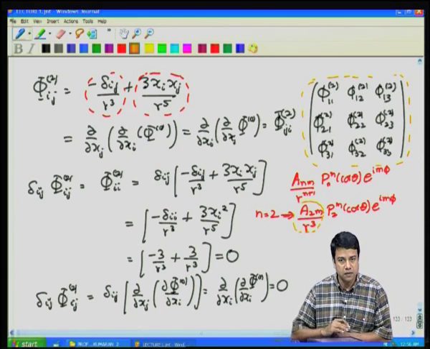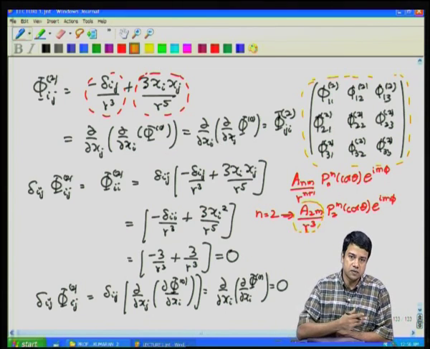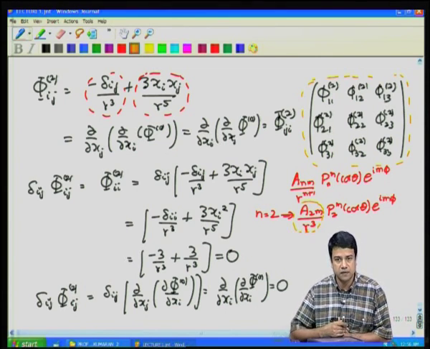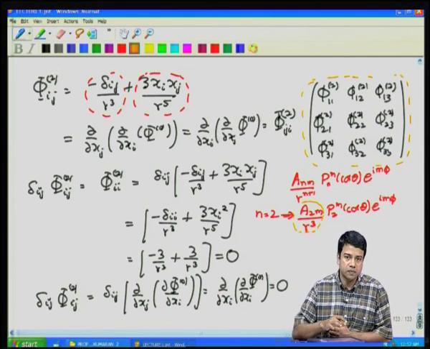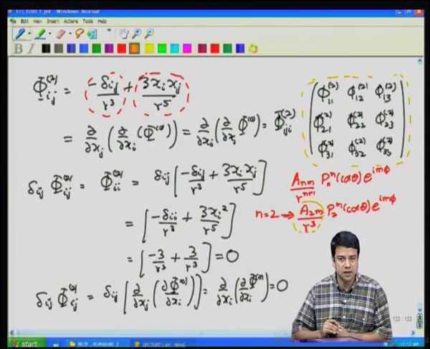For n is equal to 0, it is spherically symmetric or source. N is equal to 1, 3 components corresponds to the vector solution that I got by the gradient of the fundamental solution. N is equal to 2, the tensor solution has 5 independent components because the tensor is traceless, corresponds to the 5 solutions that I get for n is equal to 2 and m is equal to minus 2, minus 1, 0, plus 1 and plus 2.